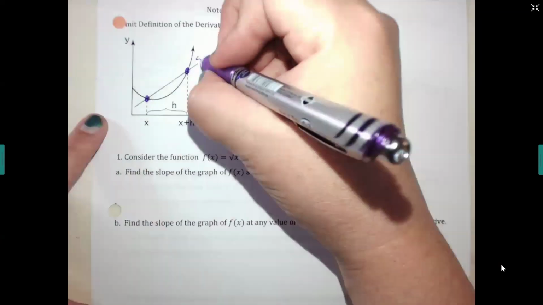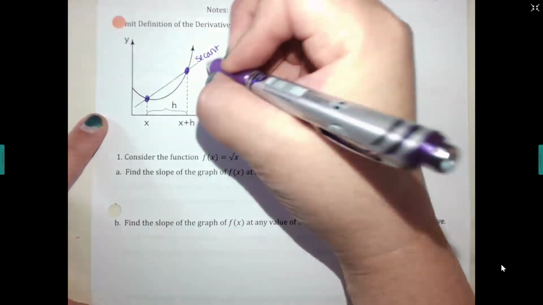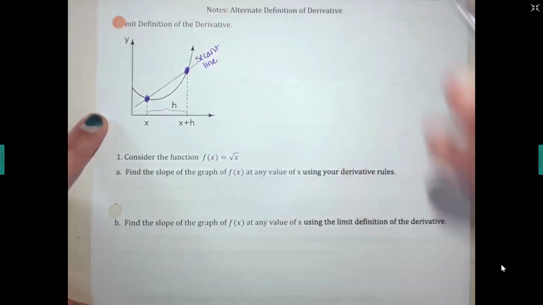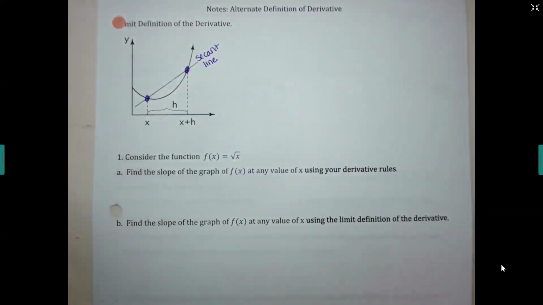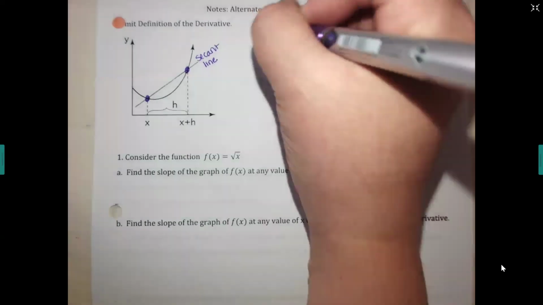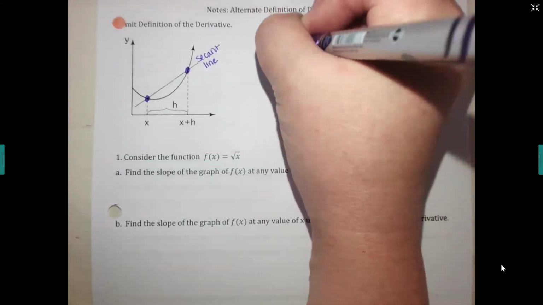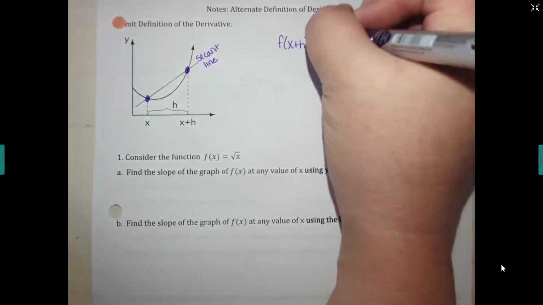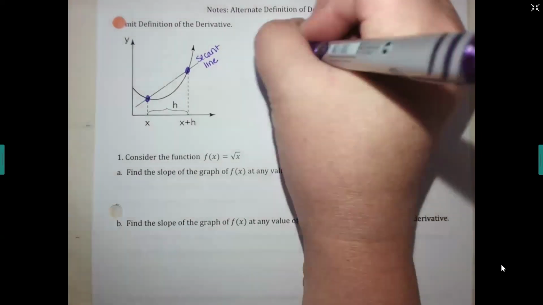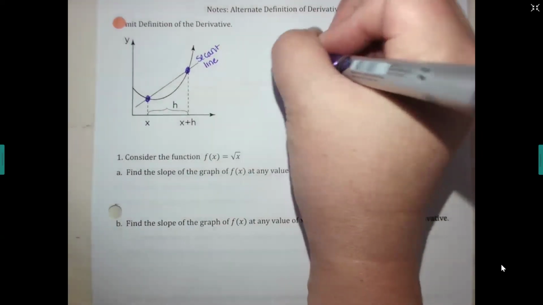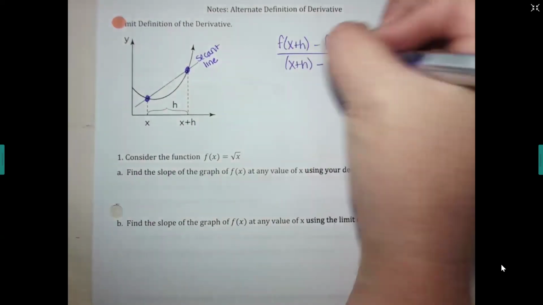Okay, and you are going to calculate the slope of the secant line. Now, if you don't remember why it's called the secant line, it's because it crosses the equation twice. So the slope of the secant line would be f of x plus h minus f of x over x plus h minus x.